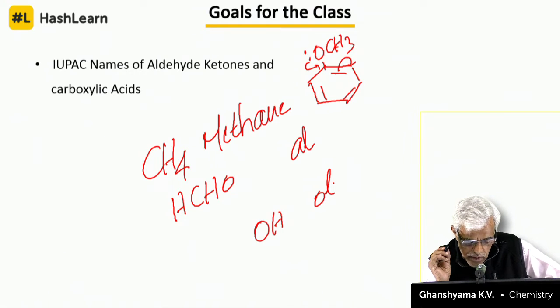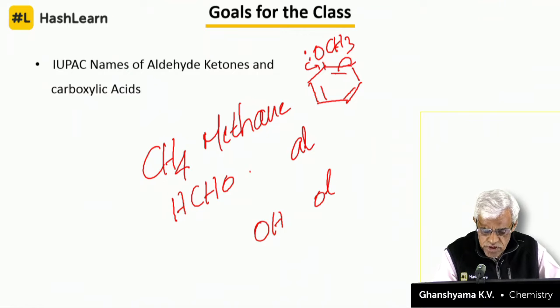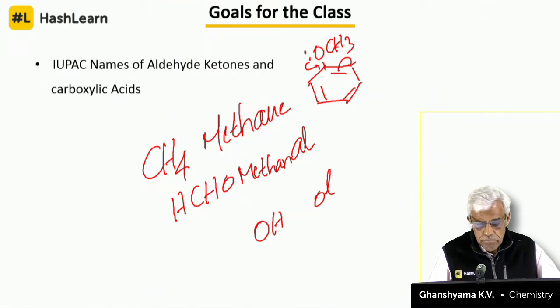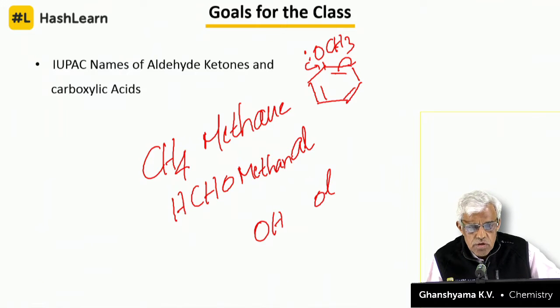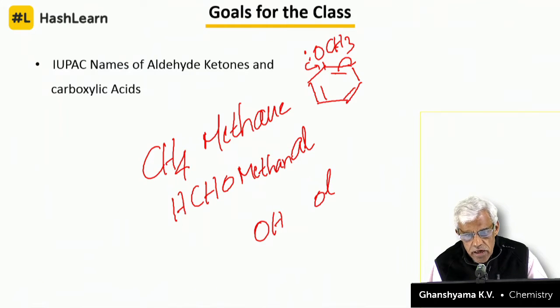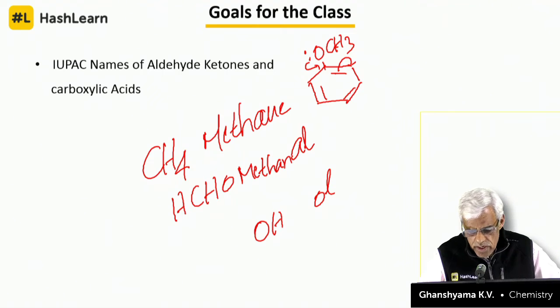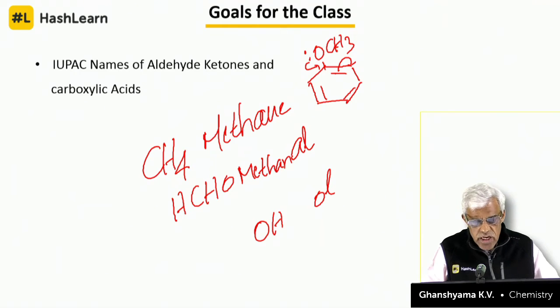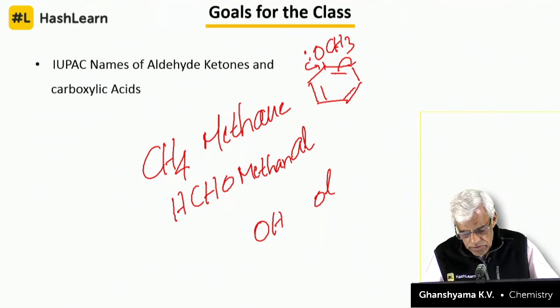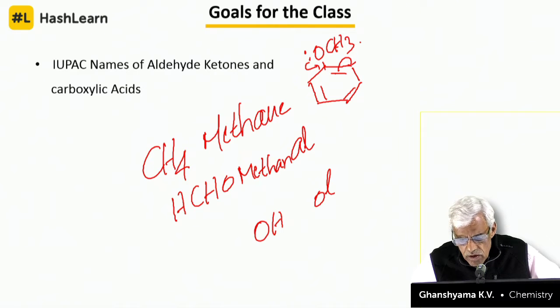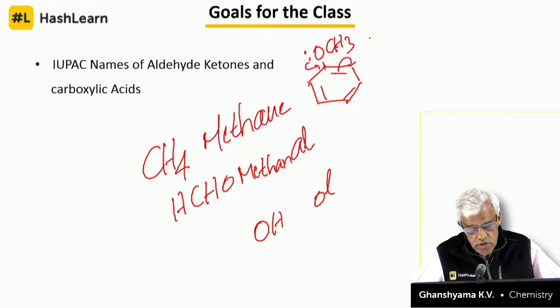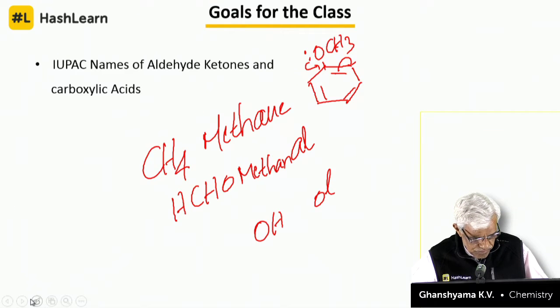So, the name of HCHO is methanal. In this way, we can write the names of various aldehydes. Now, I will give you some compounds for which we shall try to know the IUPAC names.